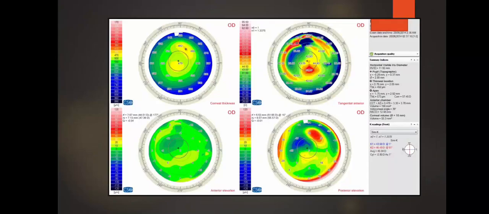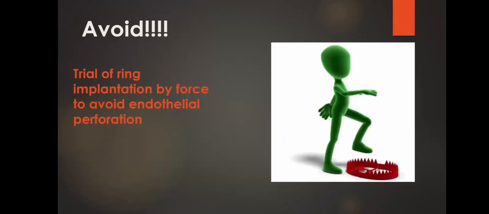In this Pentacam, we can notice in the tangential anterior map that there is one tunnel only applied while the ring on the other side is not implanted, with less flattening effect than we need. Avoid trial of ring implantation by force to avoid endothelial perforation, as the tunnel is not formed.